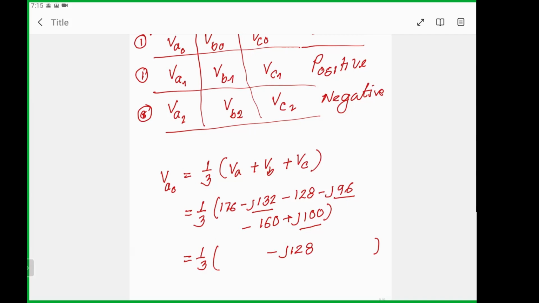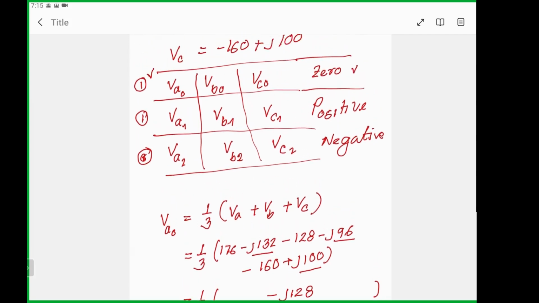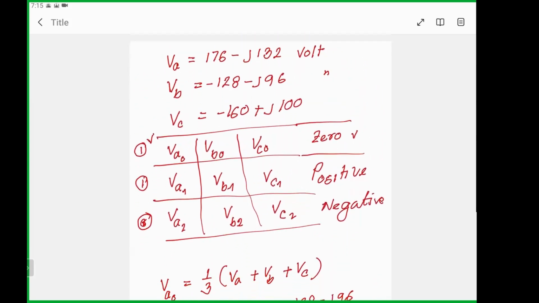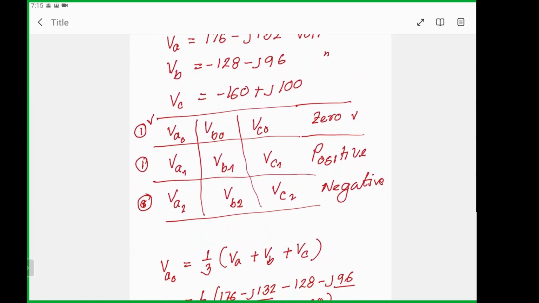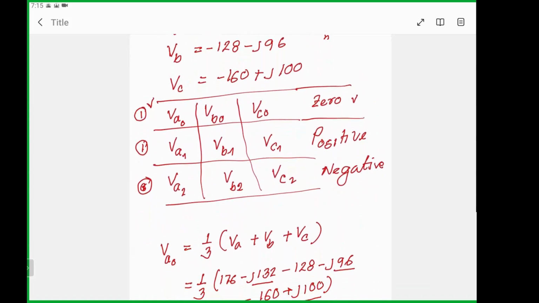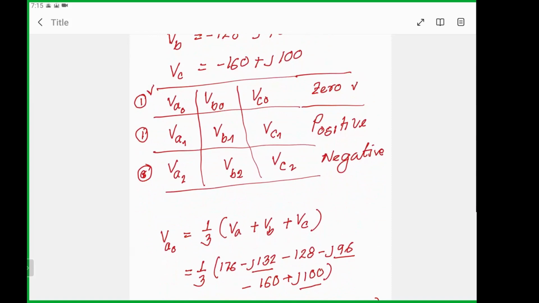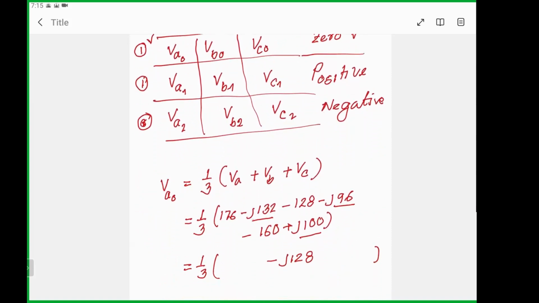So minus j132 minus j96 and plus j100. So we will add all of these. Are you following or any difficulties? This is straightforward.